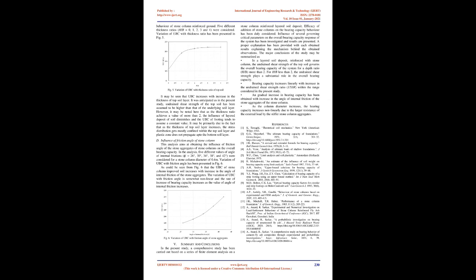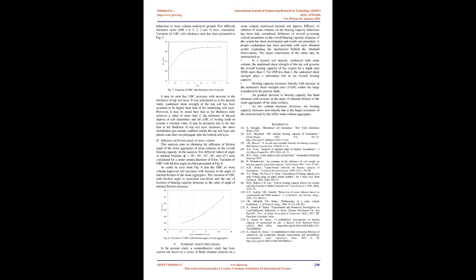The major conclusions of the study may be summarized as: in a layered soil deposit, reinforced with stone column, the undrained shear strength of the topsoil governs the overall bearing capacity of the system for a depth ratio, H/B, more than 2. For H/B less than 2, the undrained shear strength plays a substantial role in the overall bearing capacity.